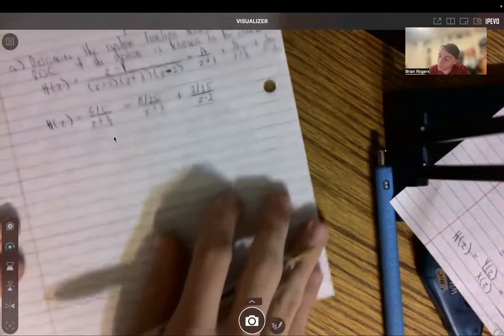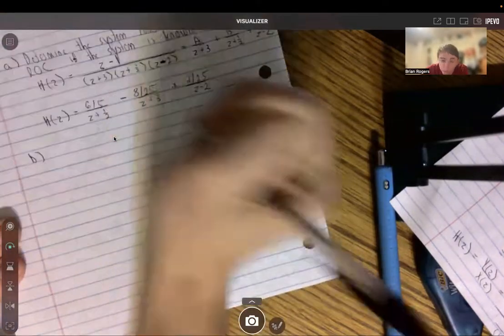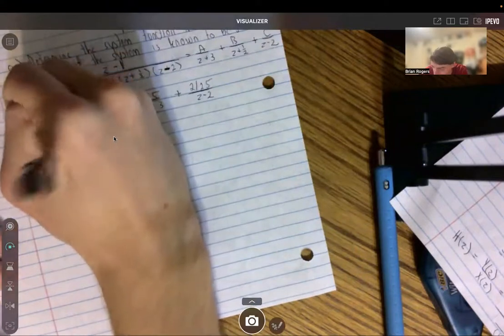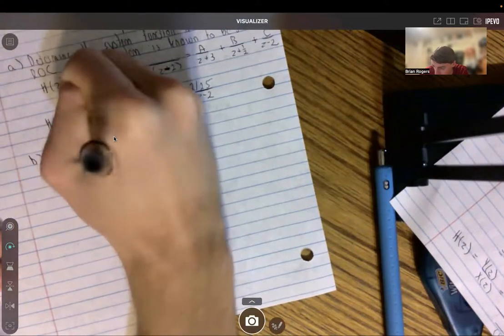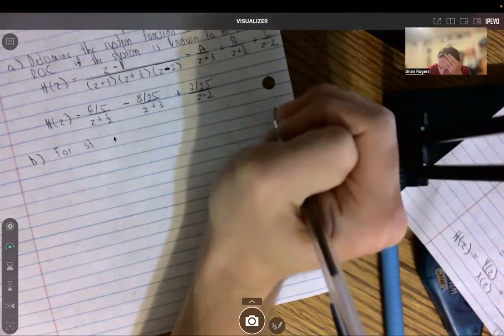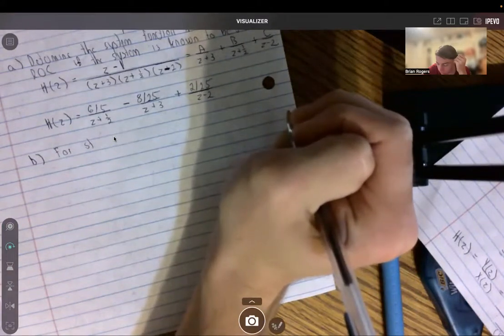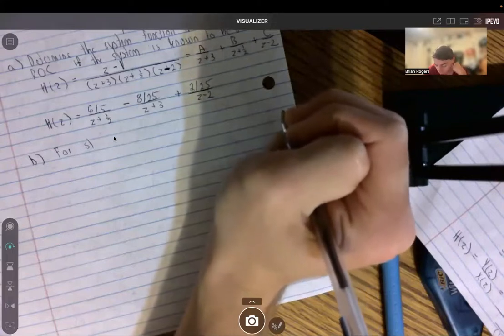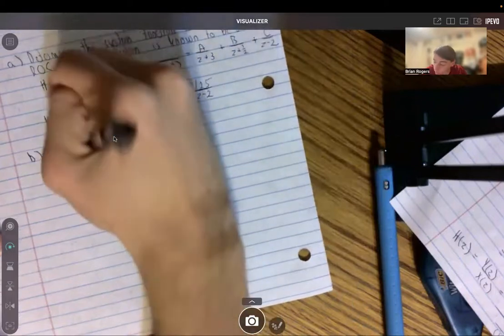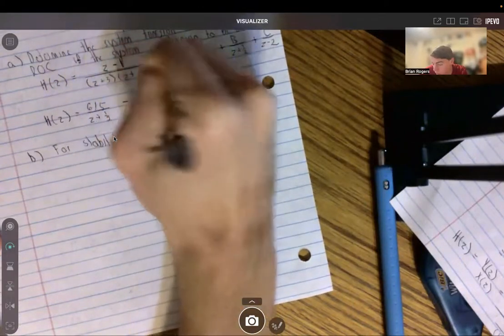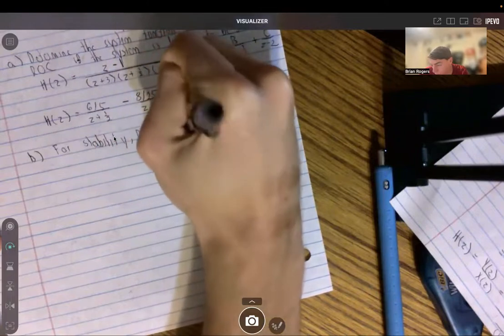So then the next one, for part B, this one says for stability, I think it was draw the pole zero plot, but you wanted to determine where it was causal and where it was stable. So remember, for stability, the region of convergence includes the unit circle.